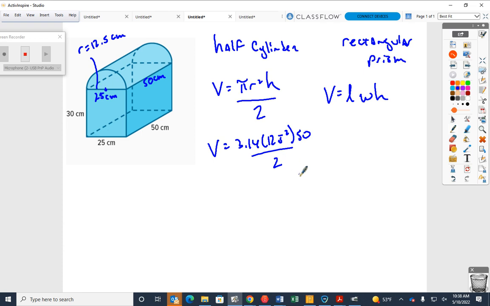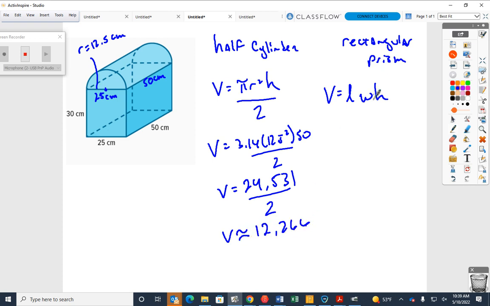And that's about 24,531, right? Sure. And what are we going to do with that? What are we going to do with this number right here? Divided by 2, because it's a half cylinder. So our half cylinder has a volume of about 12,266.